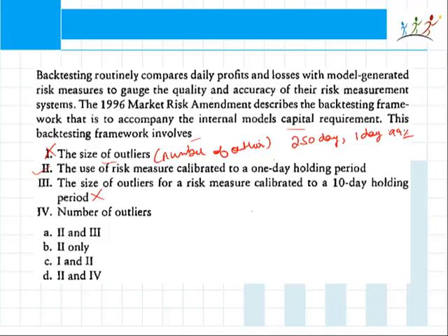So the Basel requirement is that within 250 days the number of exceptions should be in the range of 0 to 4 for a 1-day 99% VAR. And it focuses on the number of outliers, not the size. So options 2 and 4 are correct.